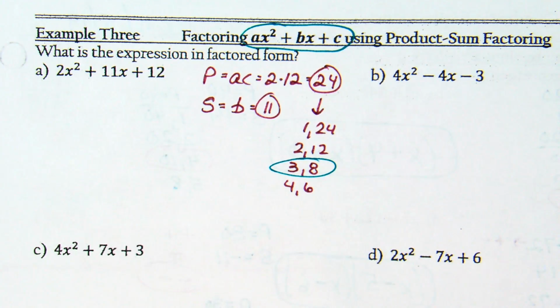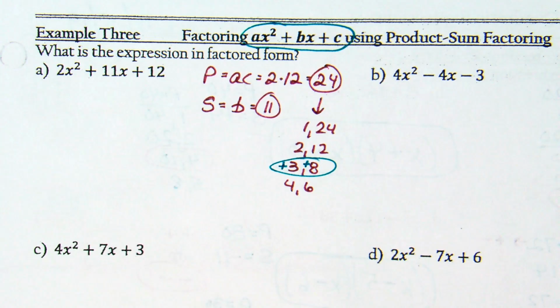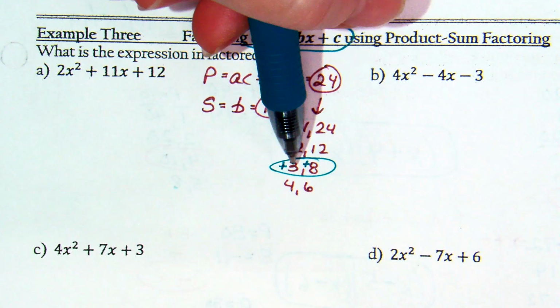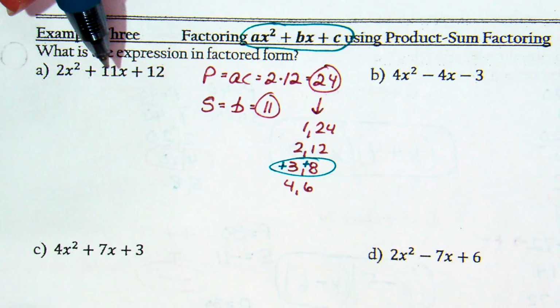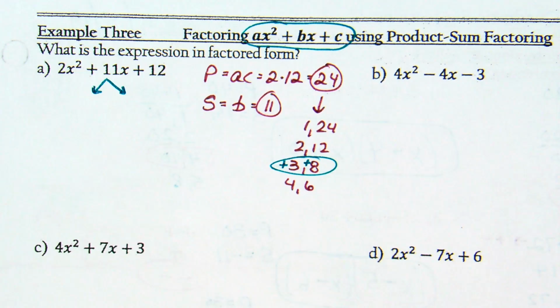Okay. Again, you cannot just put these in parentheses. So what I teach is that we're going to use the 3 and the 8 to split the middle term. So 11x can be split into 3x plus 8x.